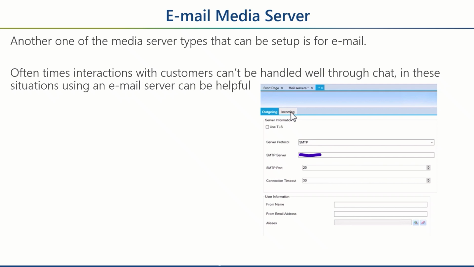When it comes to email, it is a little more complicated to set up, because you have to deal with not only the ability for the MiCCB to actually receive emails and route them as appropriate, but you also need to have the ability for the MiCCB to send out emails, whether these are manually typed emails, whether they are automatic responses, whatever the case may be.